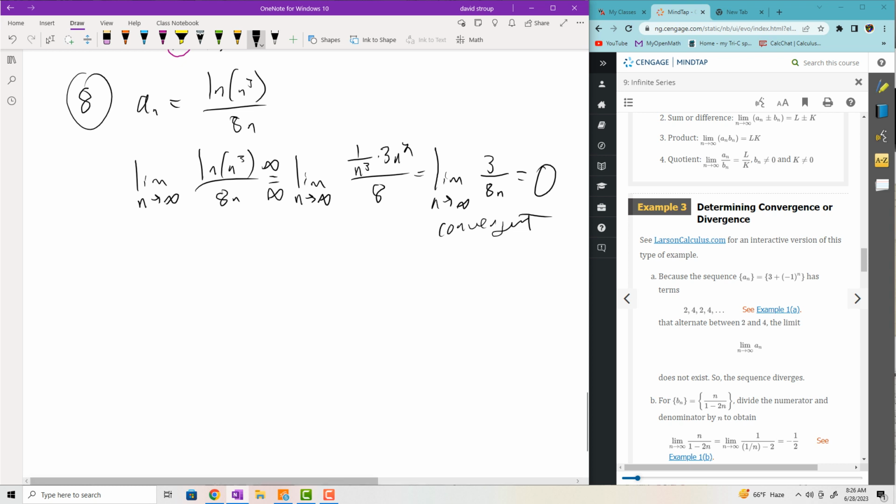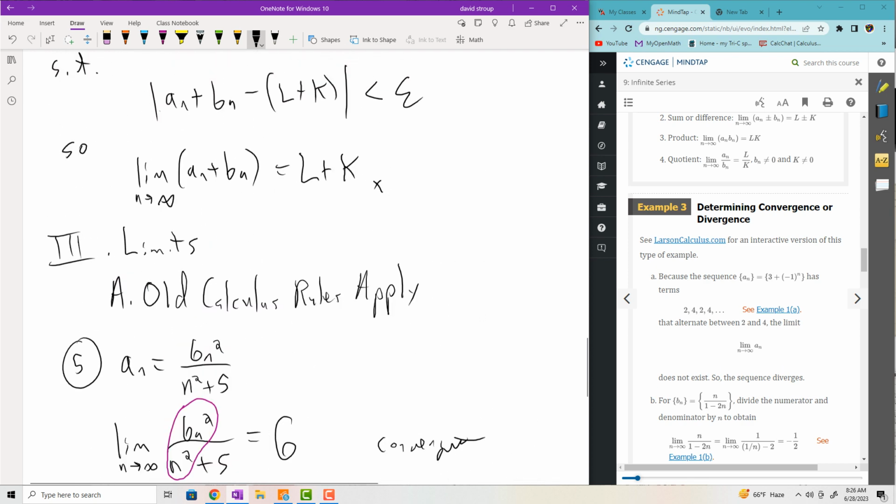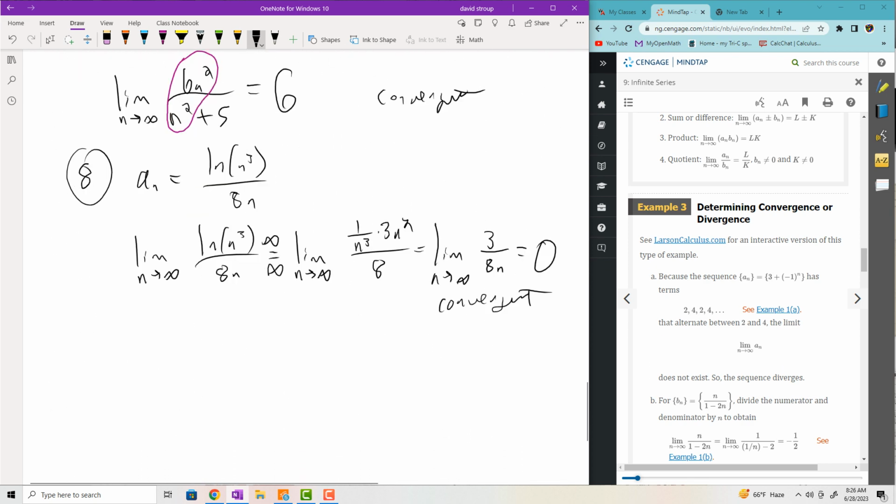You'll see it's related, if you keep on taking math, to other ideas and limits, especially where you have different sub approaches. I guess we call them subsequences. So let me give you another part B here.